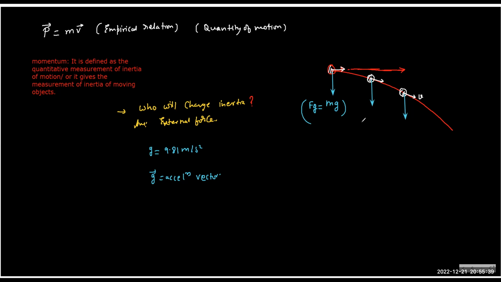So the rate of change of momentum will be directly proportional to what? Tell me, guys. Who will change the momentum? We just discussed: external force. So the rate of change of momentum is going to be proportional to what?